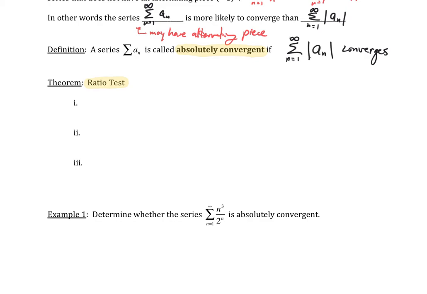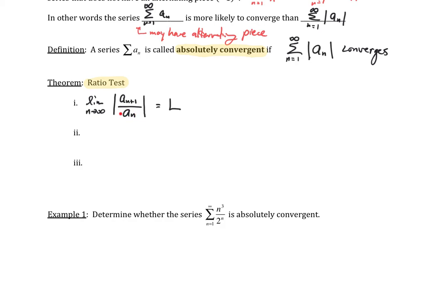What we're going to do is construct a ratio. We take a_{n+1} and divide that by a_n. We take the absolute value of this ratio, and then we calculate the limit as n goes to infinity, and we call whatever number this is L. Now, let me break this ratio down for you.